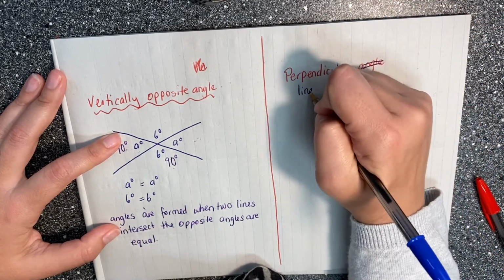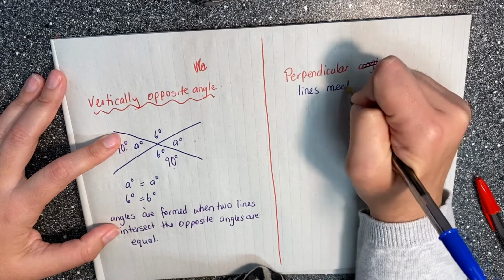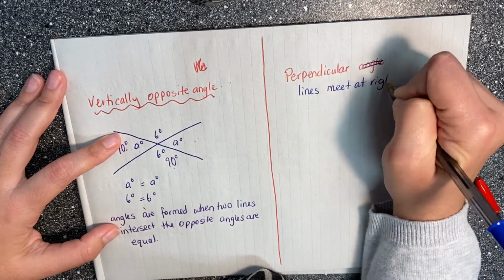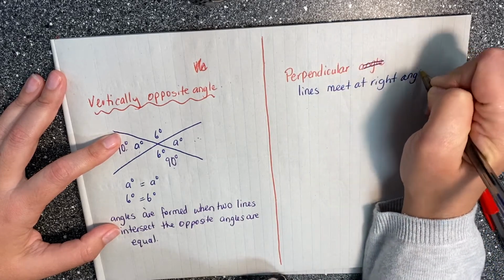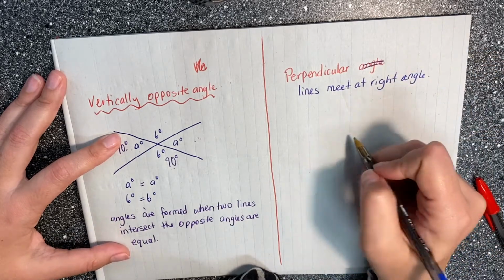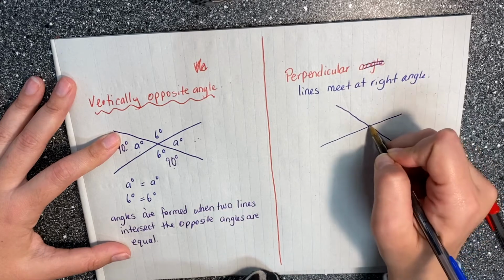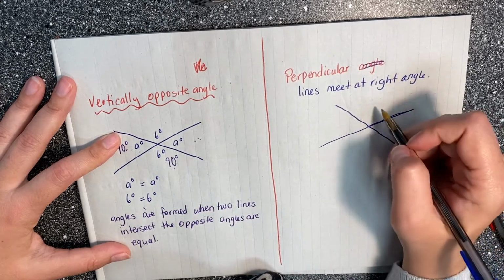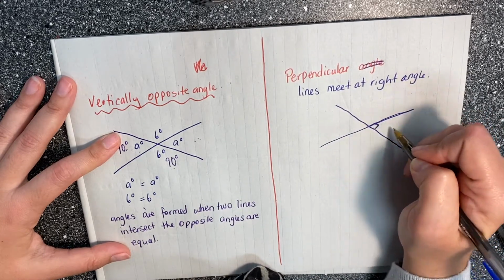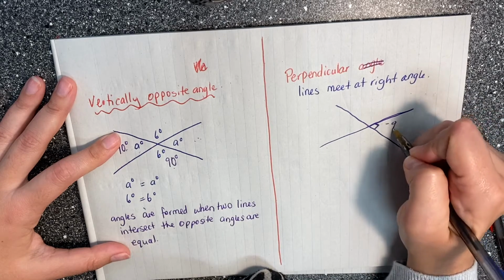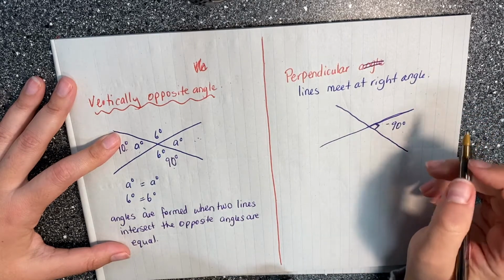So suppose I had, say that that would be 90 degrees. So it's a right-hand angle.